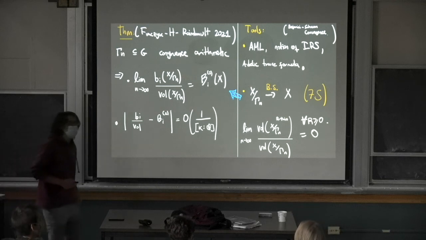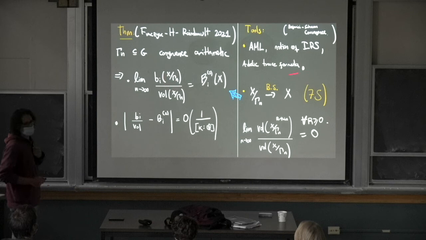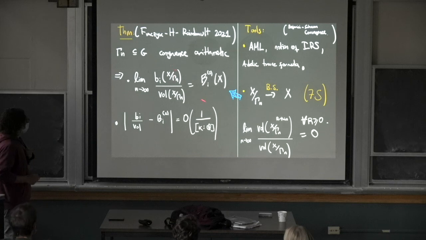What's the analytic trace formula? In the case where the degree of the manifolds goes to infinity, this is Nicolai's thesis, because of the arithmetic Margulis lemma we can prove that the manifold gets fatter and fatter.